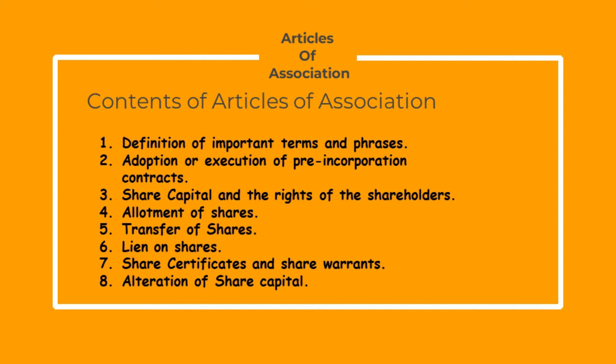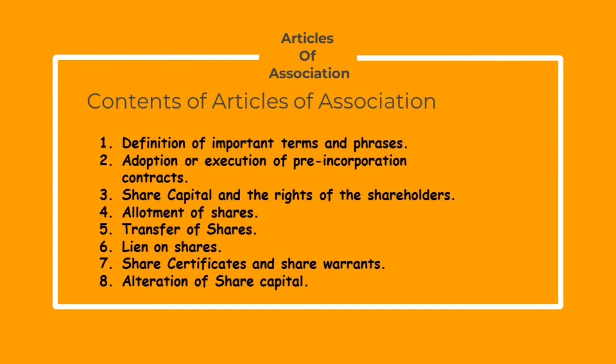That means the articles of association must be consistent with the provisions of the Companies Act. The second one is, the alteration must not be inconsistent with the memorandum of association. Alteration of articles which is inconsistent or contrary to the provisions of the memorandum of association is also inoperative and without any legal effect.